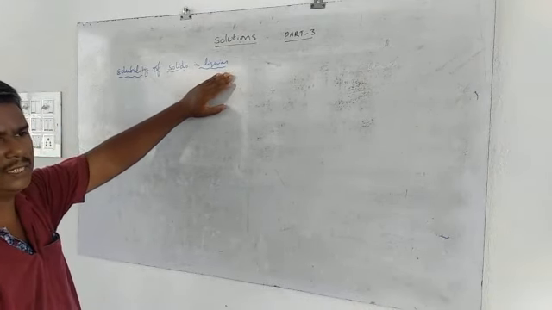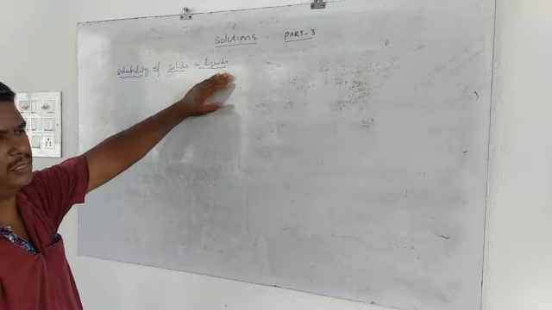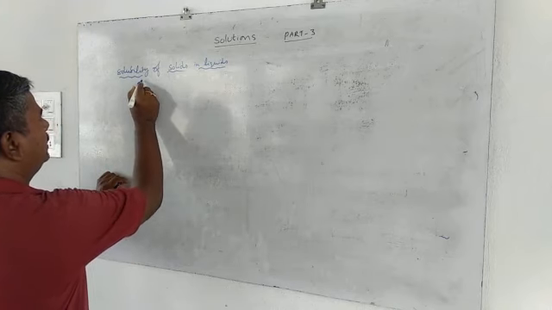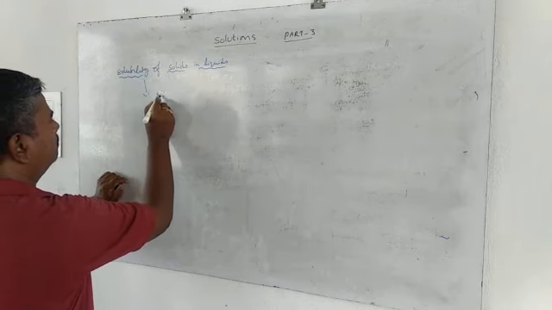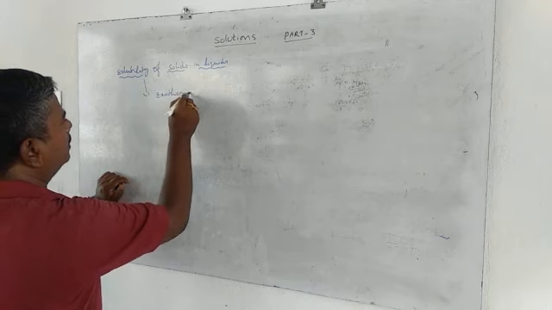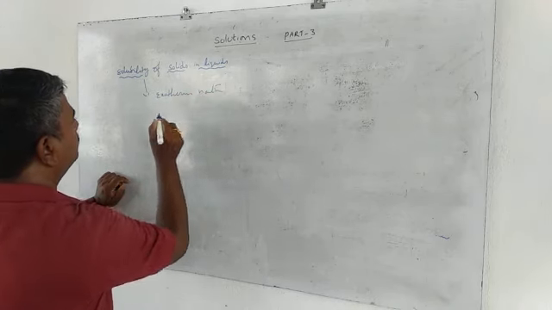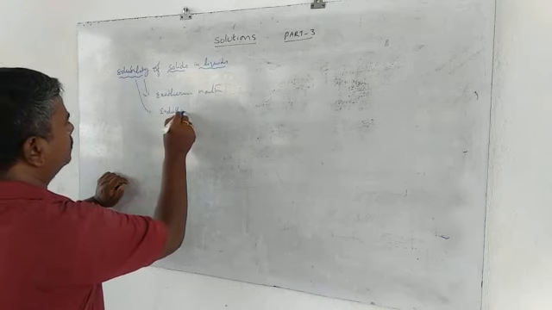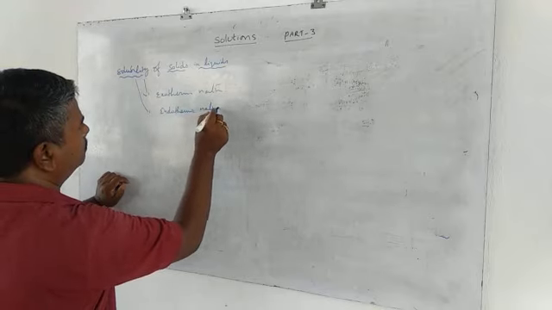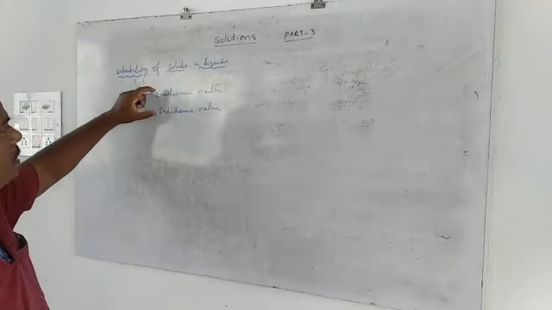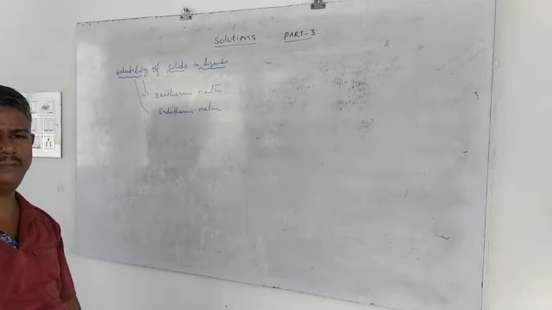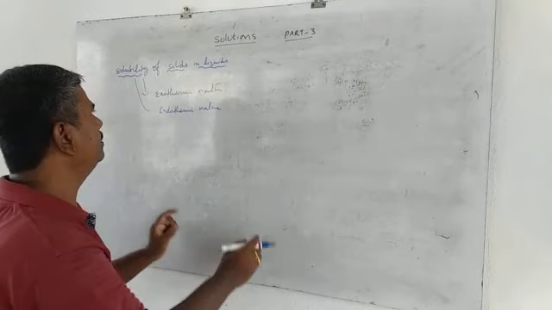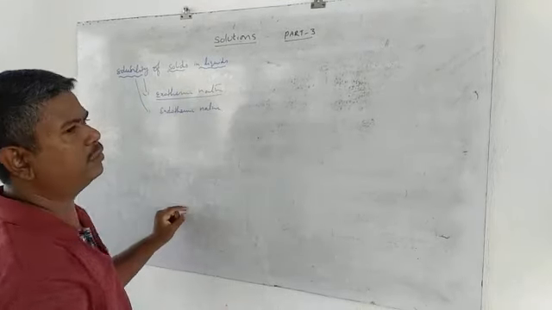Now the dissolution process. The dissolution process means the dissolving process, and it is of two types. One is exothermic in nature and another one is endothermic in nature. If the dissolution process is exothermic, then what happens?